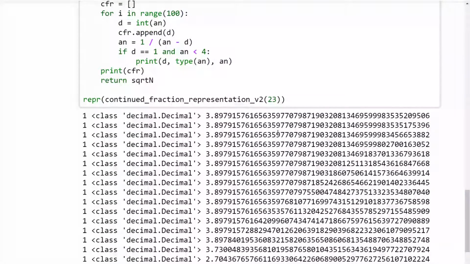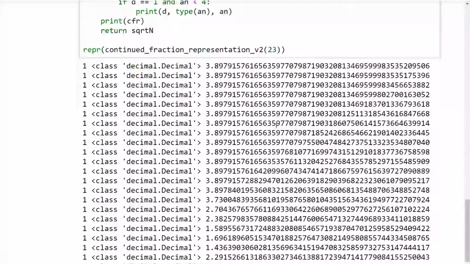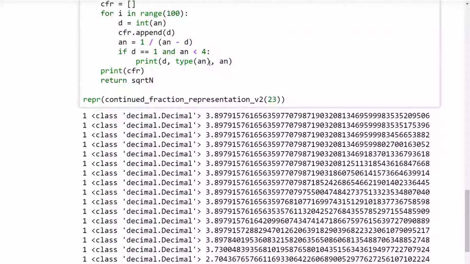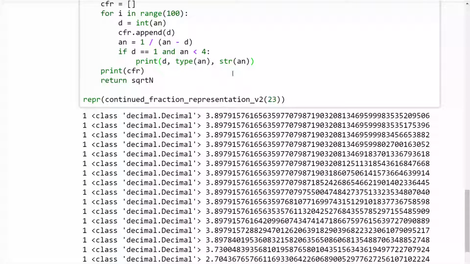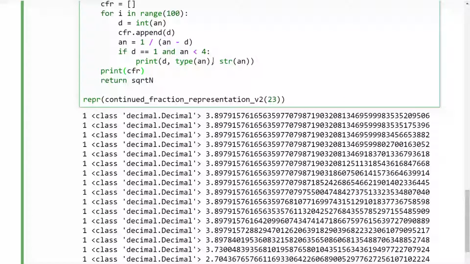Let me do stir an. Okay, so let's just do here, up to, I don't know, 50.